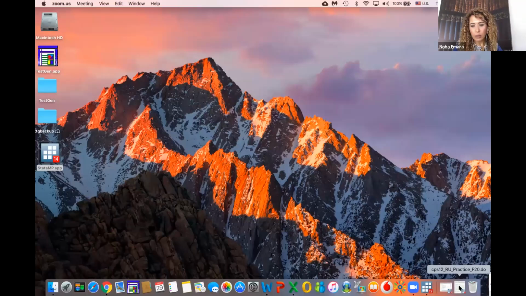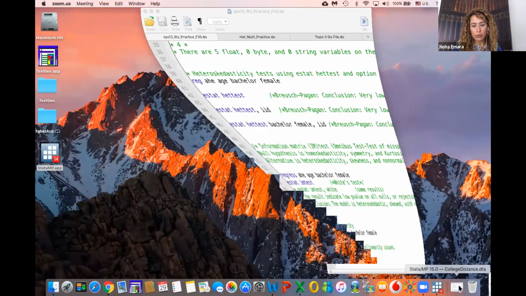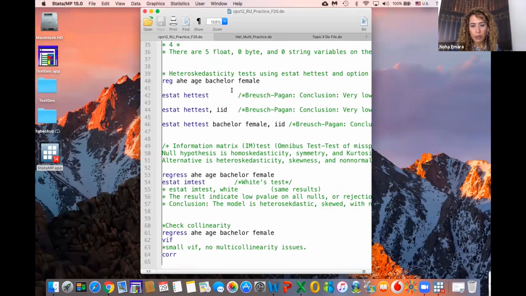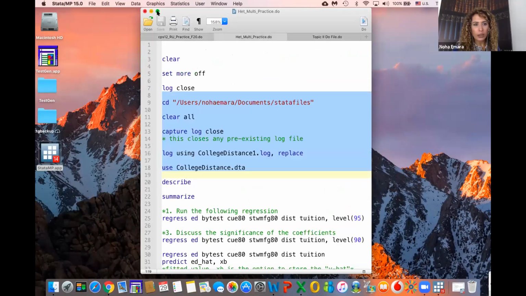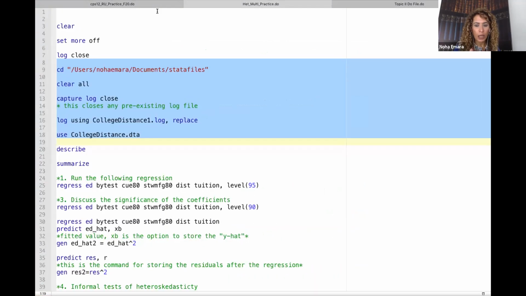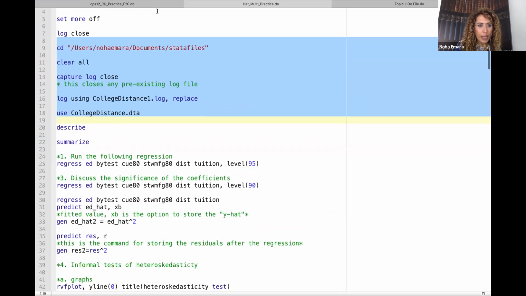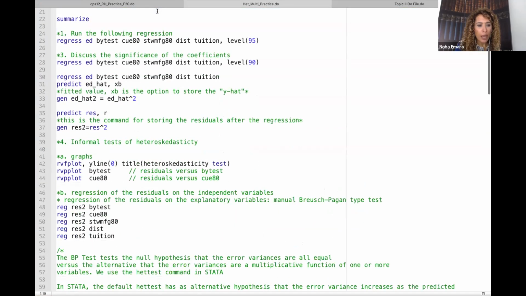Okay, so what I want to share with you is my desktop. Can you guys see my do file? Yes. Great. So what I have here is similar to what we have seen in Dan's do file, but it's actually when I do it manually.